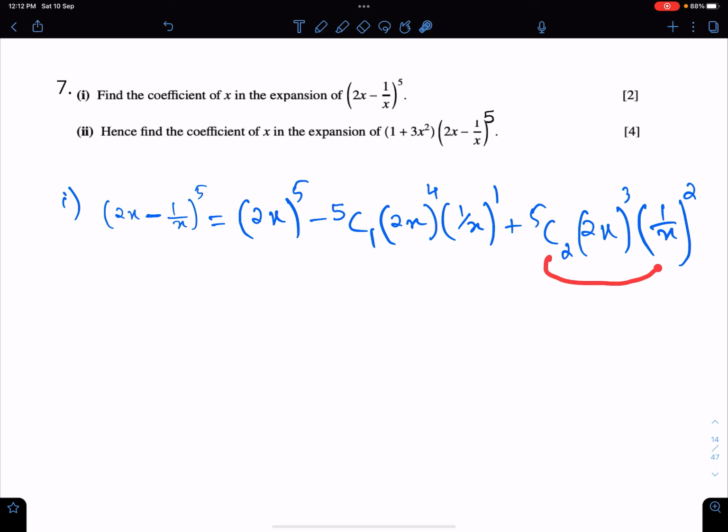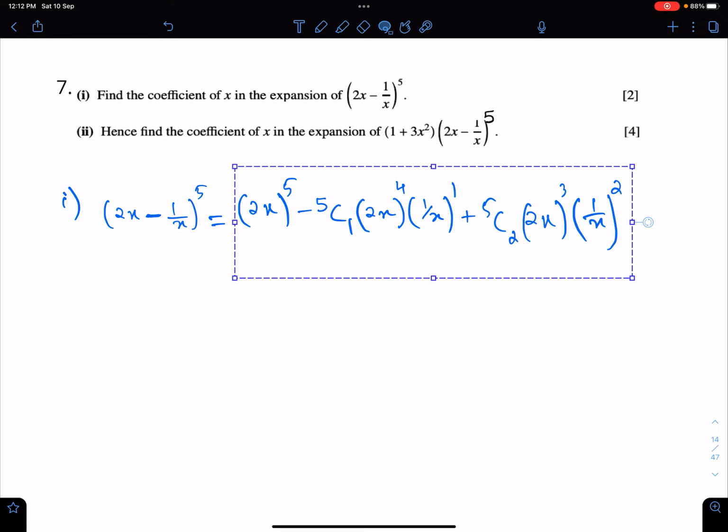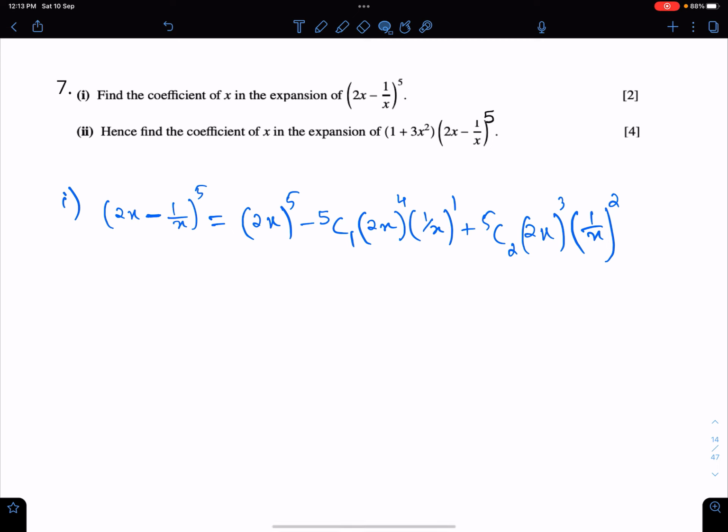Although we have got our requirement, try to expand one more term to make the calculations of the second part simple. So the next sign should be negative. So negative, I'm writing this here, 5c3, 2x power 2, 1 upon x power 3. That's it.